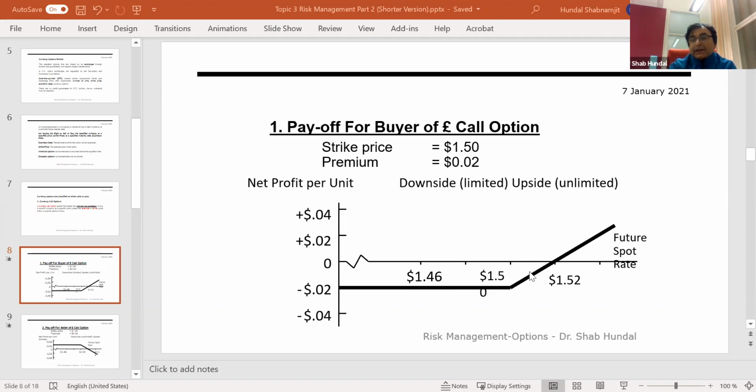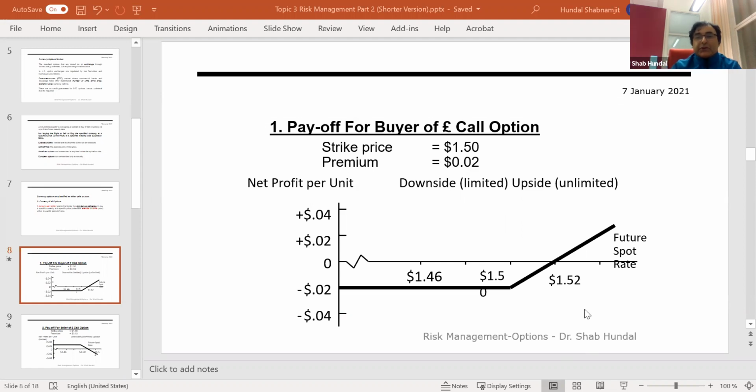So otherwise your loss would have been 2 cents, but now your loss is 1 cent. So it means that even though there is a loss, but this loss is less than 2 cents. Because if you don't exercise the option, then your loss will be 2 cents. But by exercising the option, you still have a loss, but that loss is less than 2 cents. So when you have a choice of between more loss and less loss, obviously, it's like an example of whether you fall in the fire or in the fire pan.